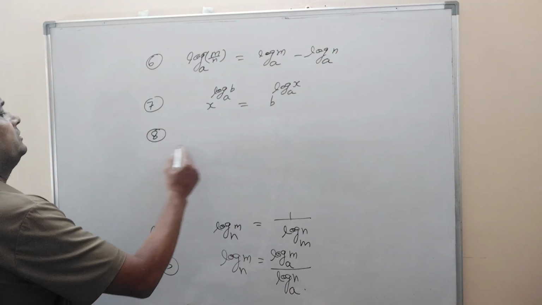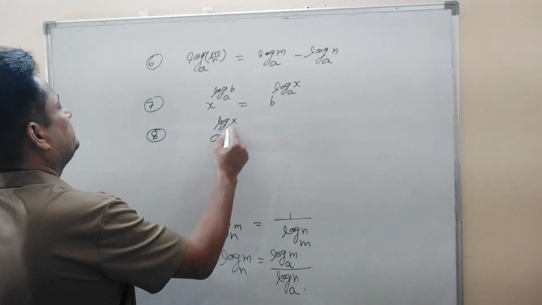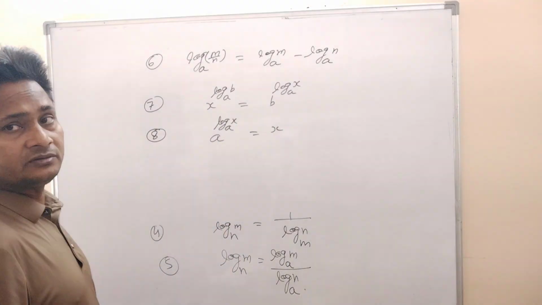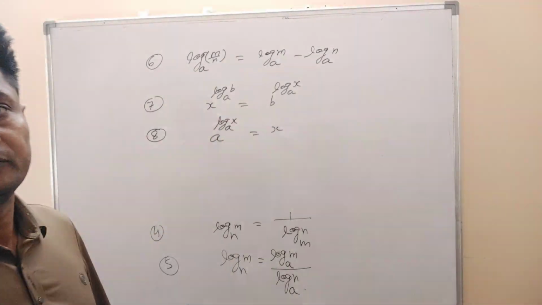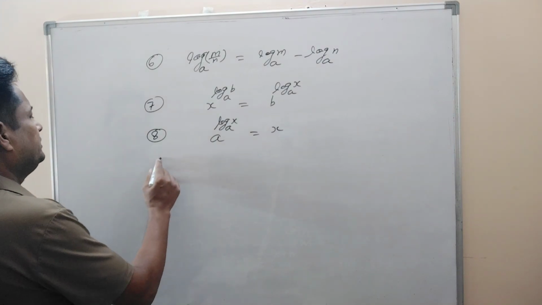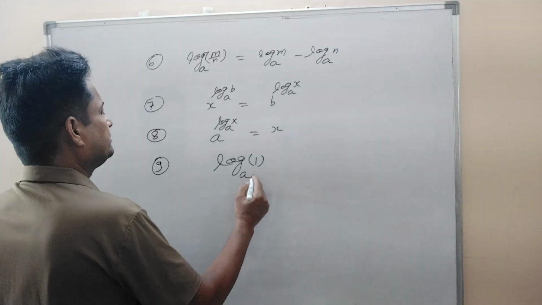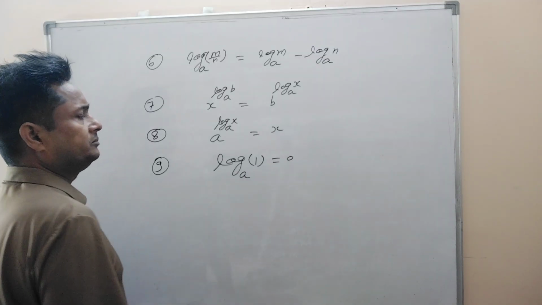Next property is a to the power log of x base a. This will always be x. It will always have a value equal to x. Now next property is log of 1 in any base, this will always be equal to 0.